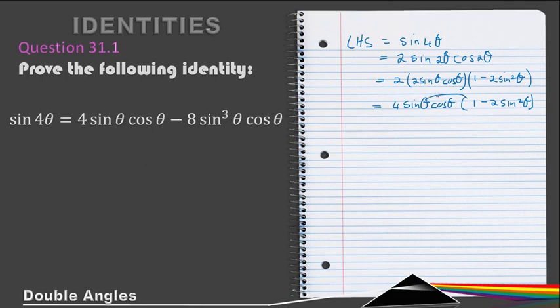Going to both of these terms, the first one is just multiplied by 1, so it remains 4 sine theta cos theta. Then taking it to the second term, the 4 times the 2 becomes an 8. This sine times that sine is sine cubed theta, and then we have that cos theta over there. Alright, so this actually looks identical. Then we have replaced it with the right one. So this then is equal to the right hand side.